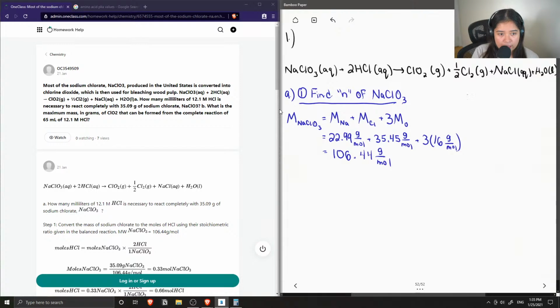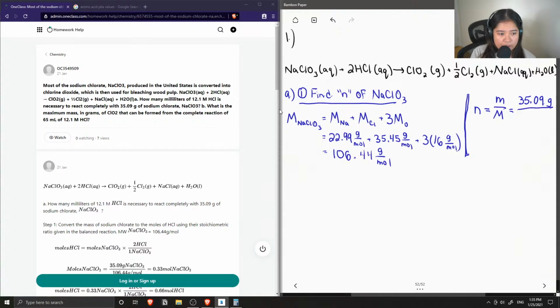Now that we have the molar mass of sodium chlorate, we can calculate the number of moles. Recall that number of moles is equal to mass over molar mass. The mass was given in the question: it's 35.09 grams.